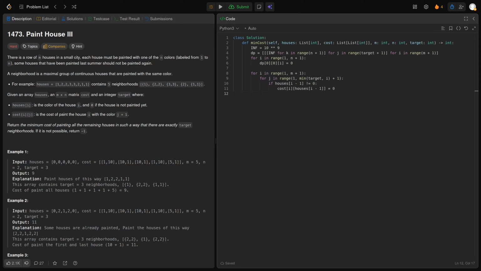Oh, we can recolor? It should not be painted again, so we cannot recolor. Okay, and then for current color in range, if houses i minus 1 doesn't equal 0. Else what? I don't know.